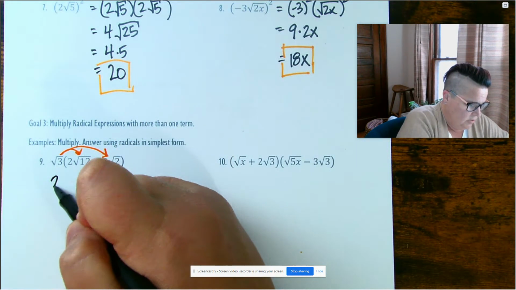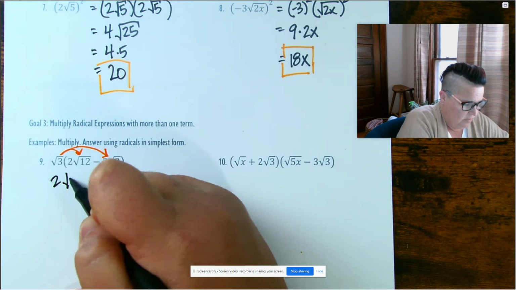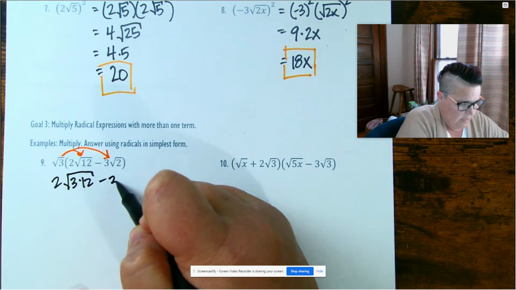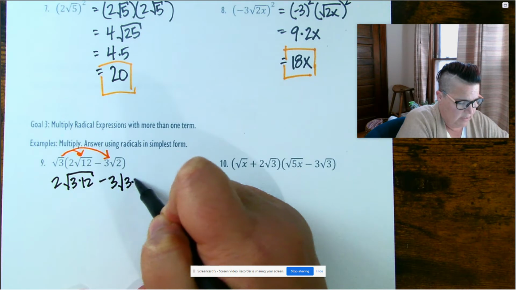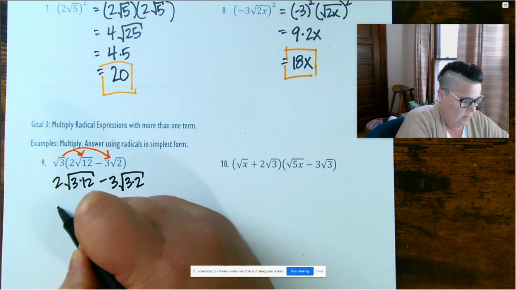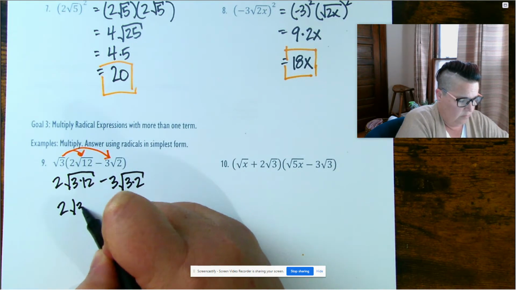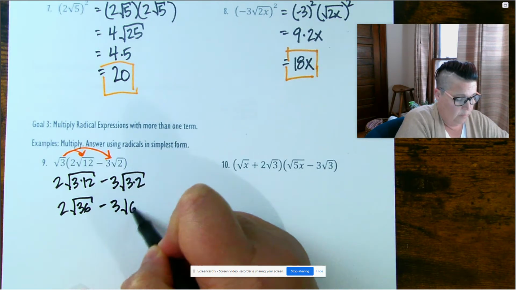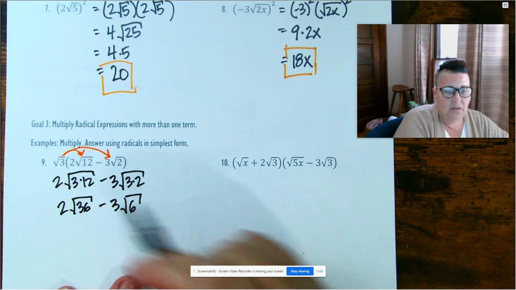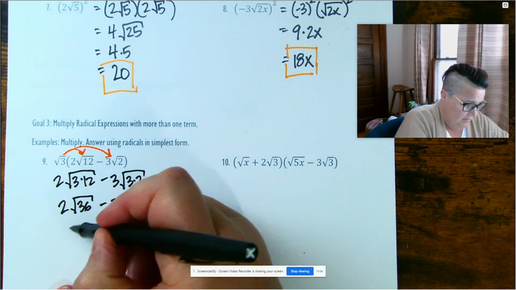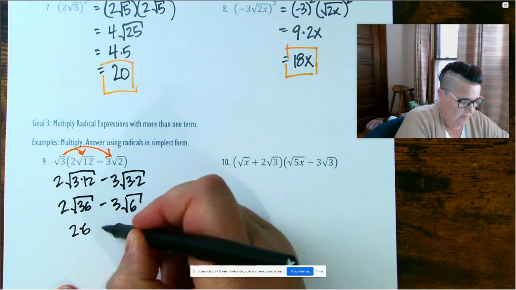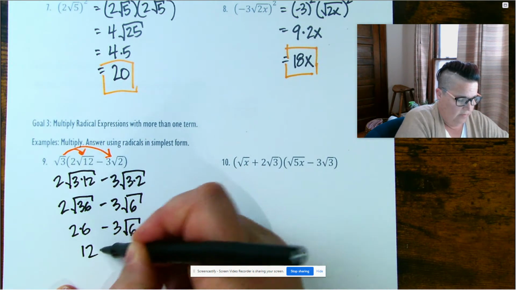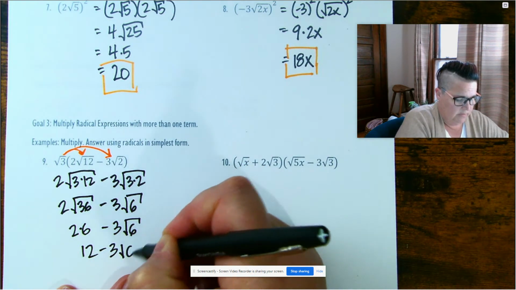Giving me 2 times the square root of 3 times 12 minus 3 times the square root of 3 times 2. This is 2 times the square root of 36 minus 3 times the square root of 6. The square root of 36 is 6, so 2 times 6 minus 3 square roots of 6, or 12 minus 3 square roots of 6.